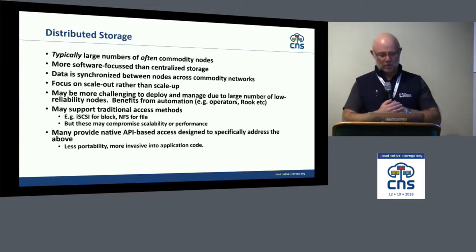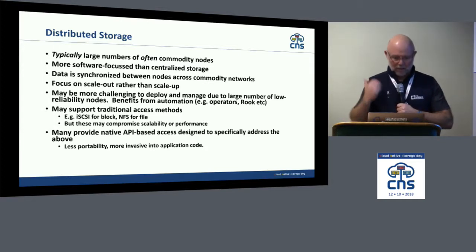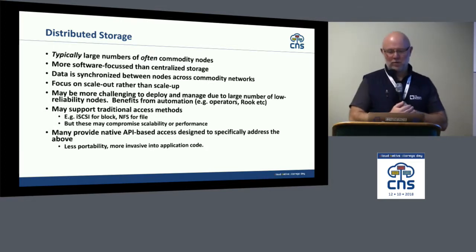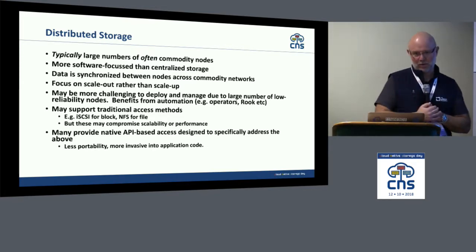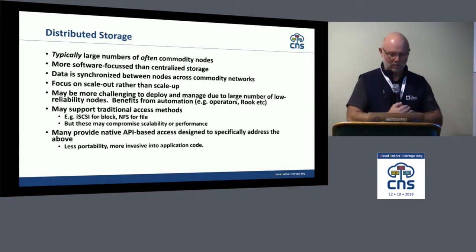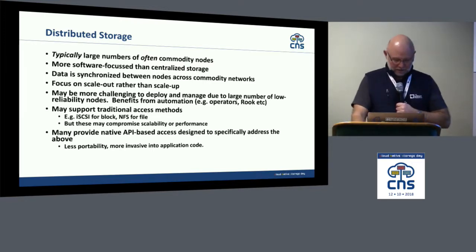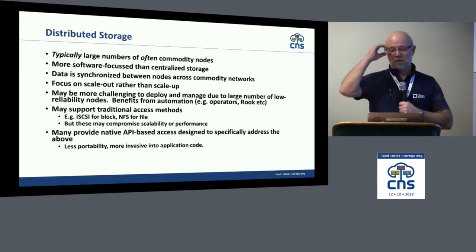So many of them also provide native APIs to those storage systems that are very specifically designed to access that kind of storage and don't suffer from all the shortcomings of traditional block APIs. But those again are less portable and much more invasive into application code.